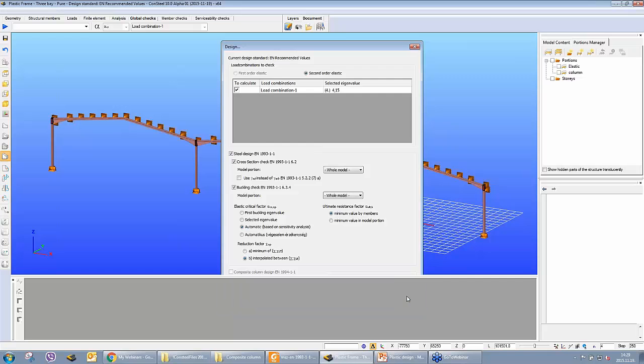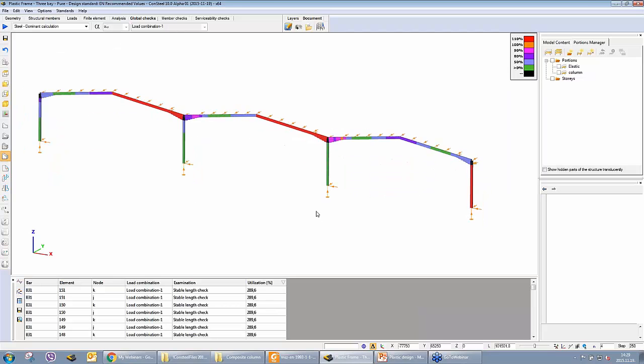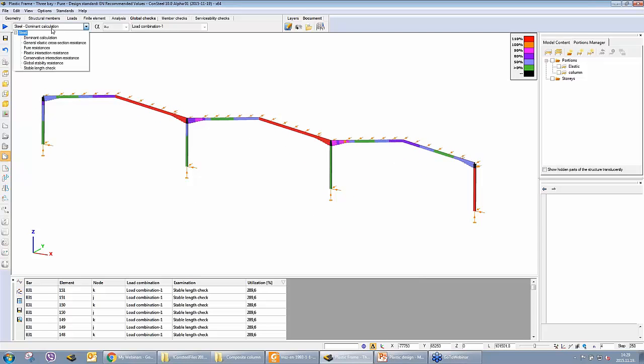So I run the design calculation, and we see that in the calculations we have a new one. So we have the usual results for elastic pure resistances, plastic interaction where relevant, conservative interaction resistance, global stability resistance based on the elastic rules of Eurocode, and there is a new one, the plastic stable length check, and these are only done around the plastic hinge.